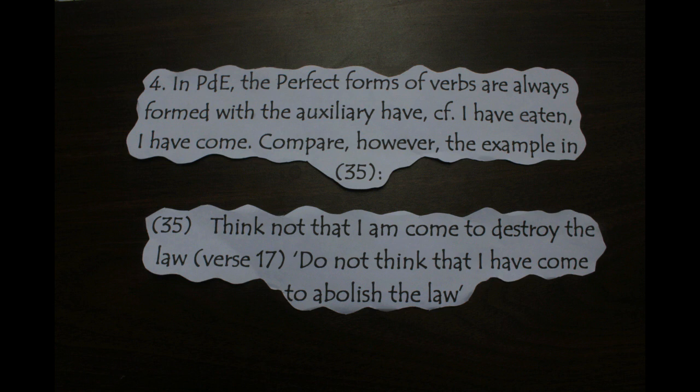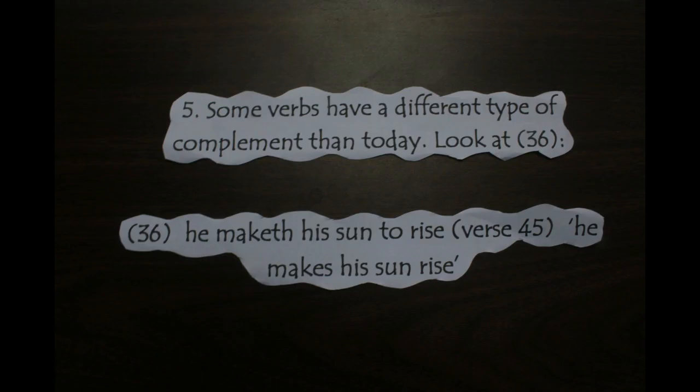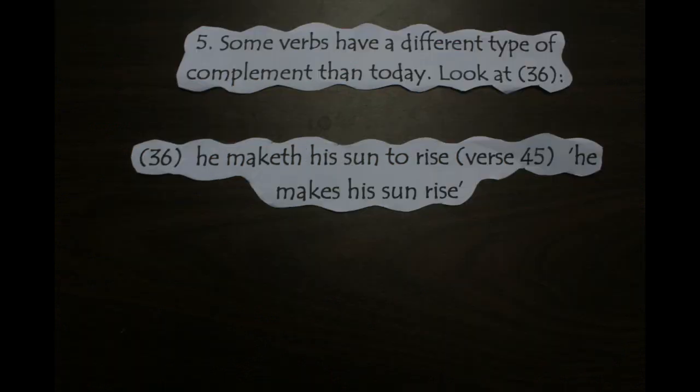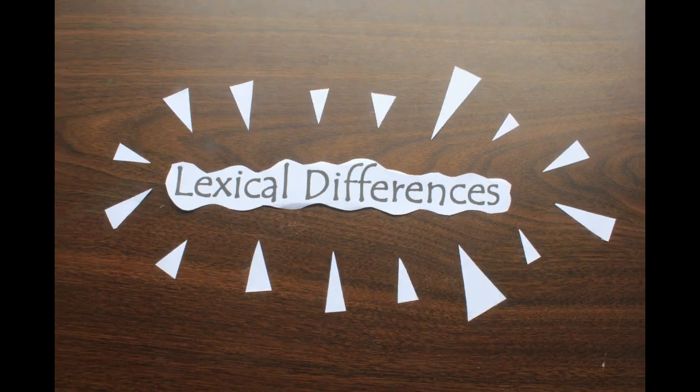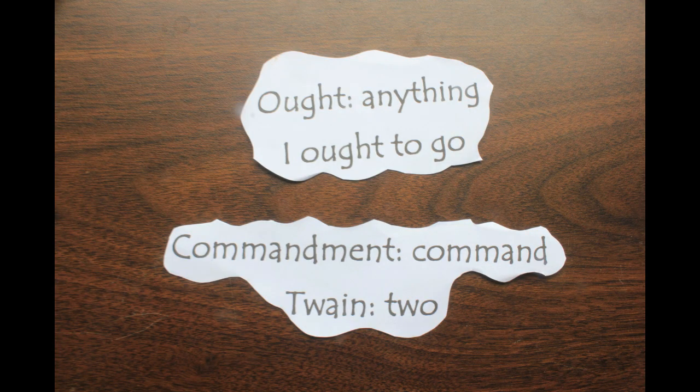In present-day English, the perfect forms of verbs are always formed with the auxiliary have. Some verbs have a different type of complement than today. A special structure frequent in early modern English is known as the his genitive. Lexical difference. The word "twain", meaning two, is an example of a word that has been lost. It is a numeral, an old form of two.